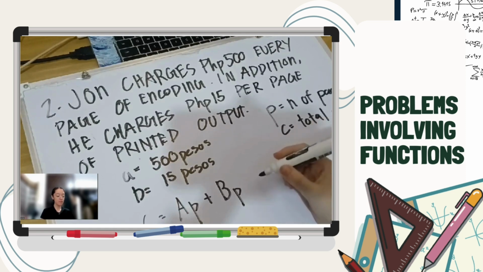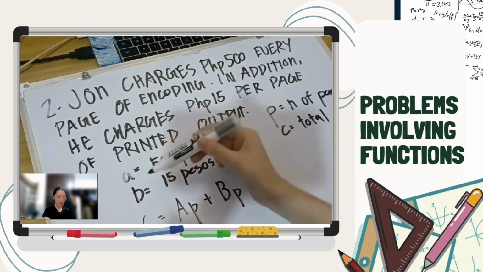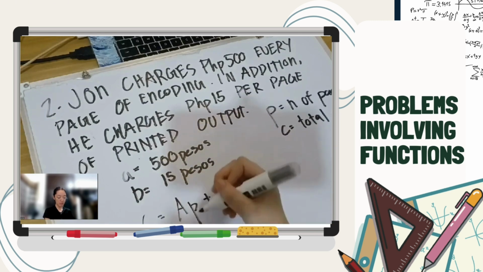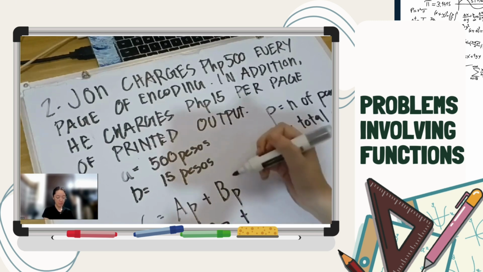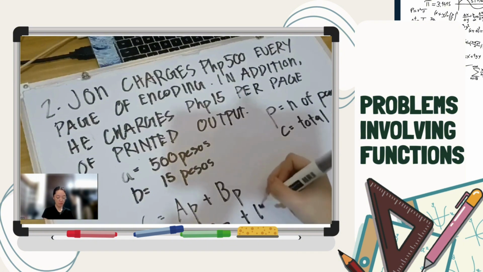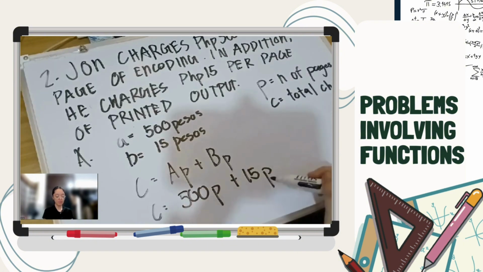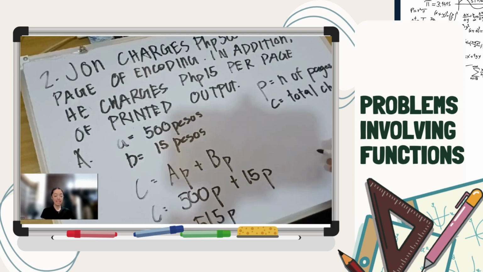But before we do that, what is A and B? They're already here. A equals 500 pesos and B equals 15 pesos. So 500P plus, replace B with 15, 15P. Add 500P plus 15P together, you get 515P, and that is the total charge that John should pay.